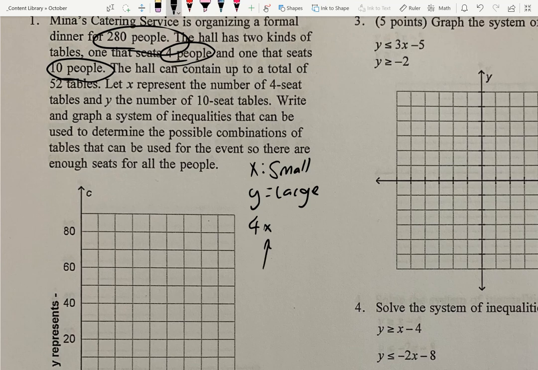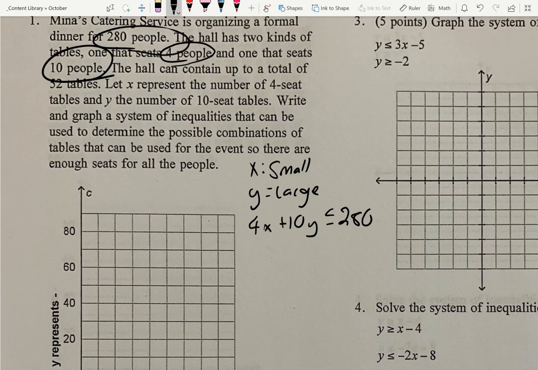X is small table, and 4 times x represents 4 people per small table. So we add that to 10 times y: 10 people for every large table. Y is large table, and large tables fit 10 people. Now this is less than or equal to 280 people in total, because we were able to fit 280 people.